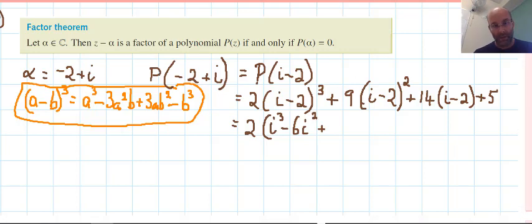Sorry, correction, 3 times i times negative 2 squared. So negative 2 squared is 4, 3 by 4 is 12, so that'll be 12i. Sorry, I read the wrong spot there. And minus b cubed.